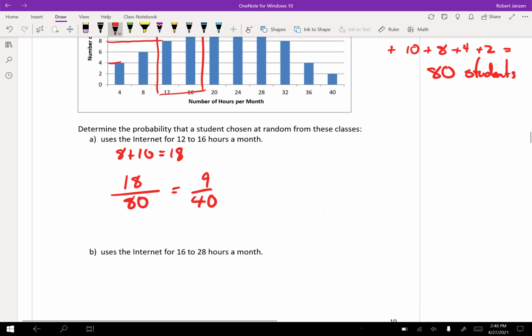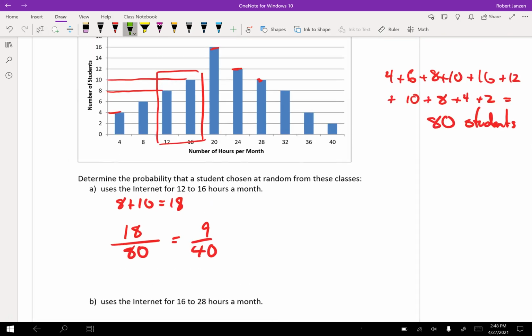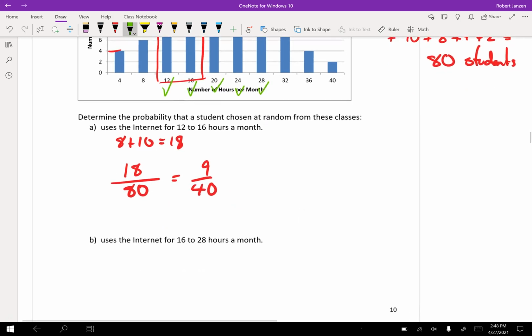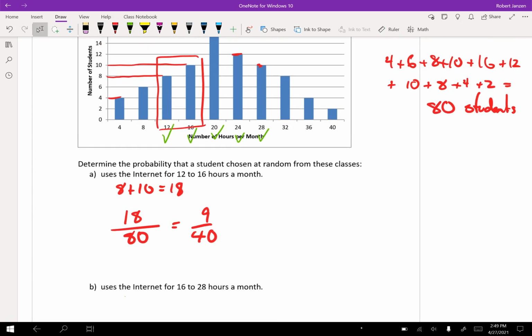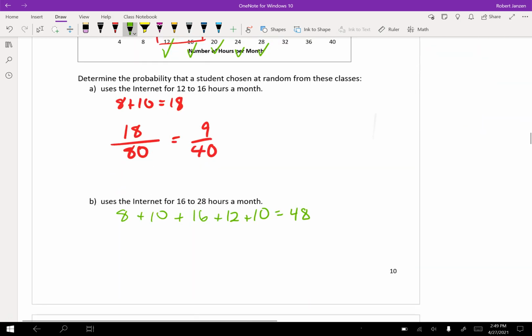Let's try this next question then. Use the internet for 16 to 28 hours a month. We're going to use this column, this one, this one, this one, and this one. If I add up all of those numbers, that's 8 plus 10 plus 16 plus 12 plus 10. This is 48 students use that much internet.